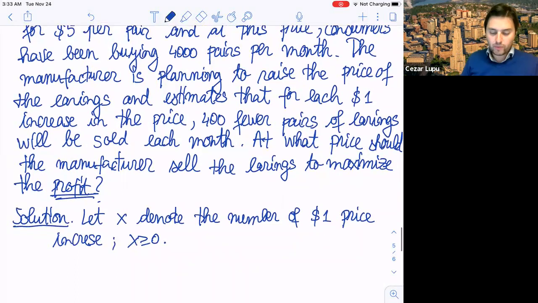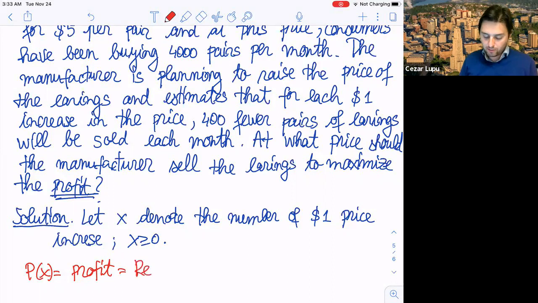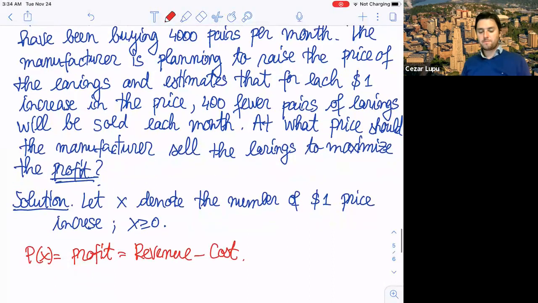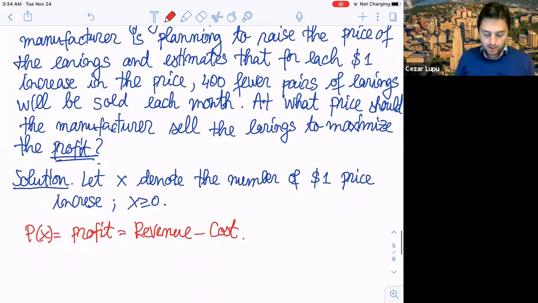And we're going to denote now this P of x function, this will be the profit. And we also know that the profit is the revenue minus the cost. This is important. All right, and let's see what the revenue is and what the cost is.